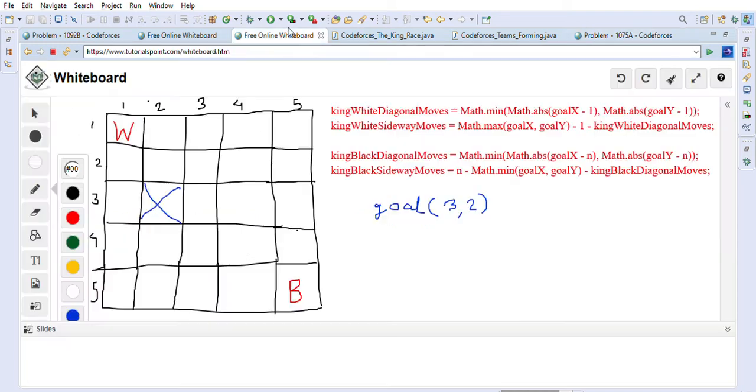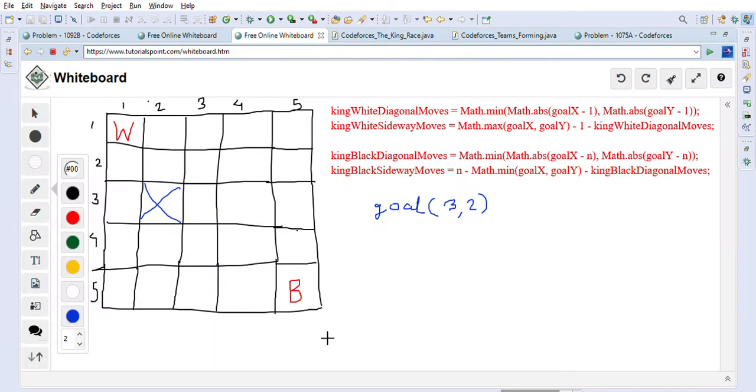So let's go into our example here. In this case the target position they have given is 3 comma 2, right? 3 comma 2 is where the coin fell. So we have to find out which king will reach there first, if they are moving optimally, correct? So for example, if you see how this king can move, right? He can first come from this cell to this cell, right? Because diagonally a king can move here, and after coming here it can move just straight here, right?